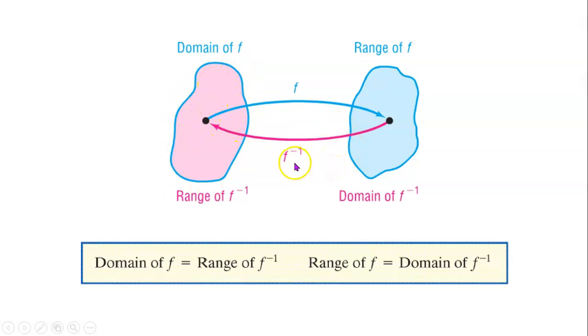So the domain of the inverse is the same as the range of the original function, and the range of the inverse is the same set of numbers as the domain of the original function. That's going to be important in a later example, so keep that in mind.